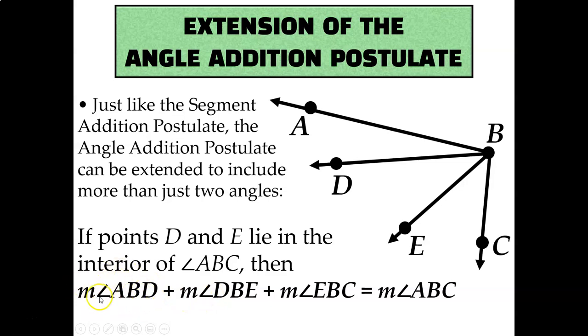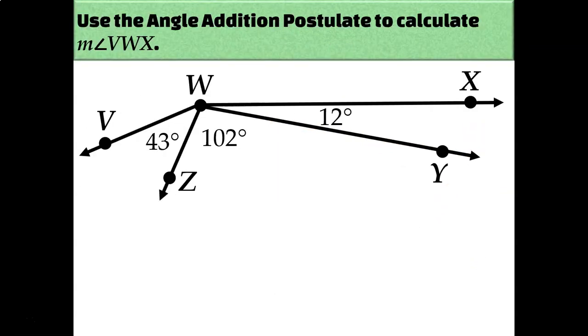The measure of angle ABD, that's this angle, plus the measure of angle DBE, so that's this angle, plus the measure of angle EBC, that's this angle, equals the measure of angle ABC, so the entire angle. So instead of just adding two, we're in this case adding up three angles that make up the entire angle. Let's take a look at an example.